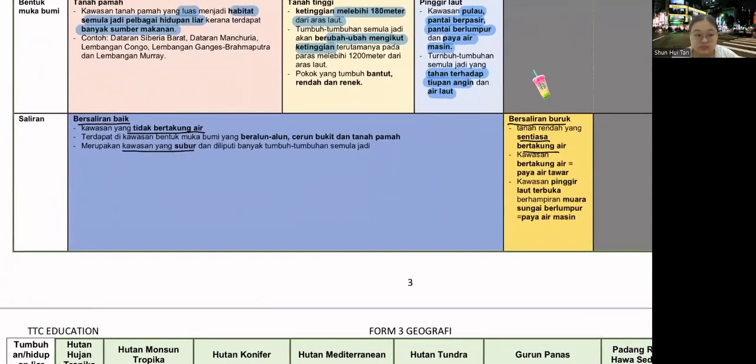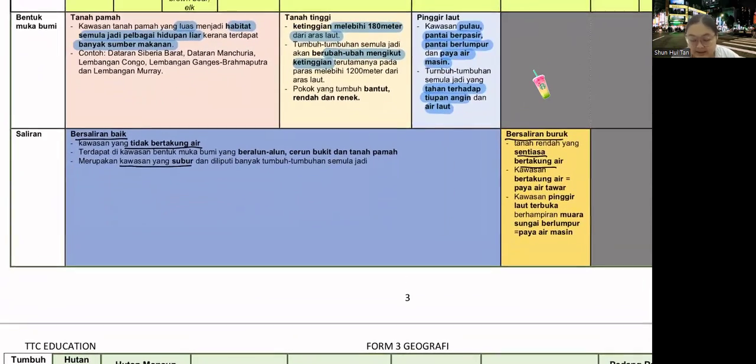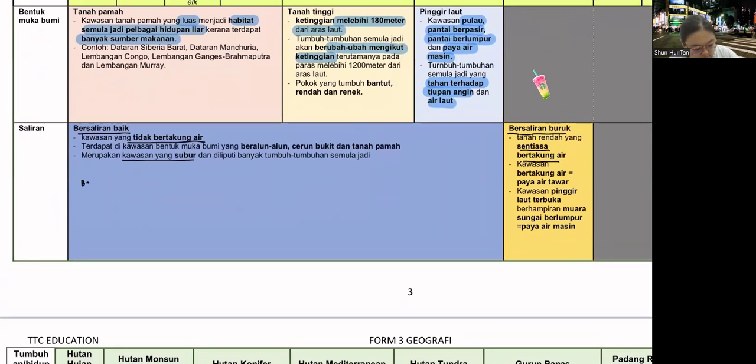Now, of course, I'm going to show you a rough outline, okay? Rough in how to write. Now, you may write in this way. So, if they ask you, jelaskan bagaimana faktor saliran mempengaruhi tumbuh-tumbuhan dan hidupan liar.